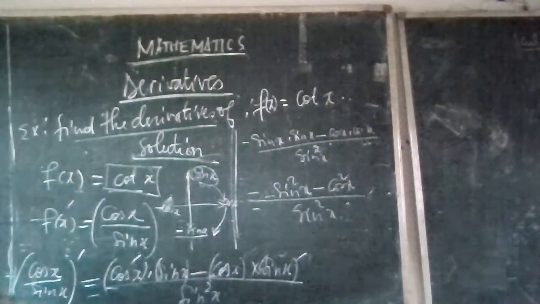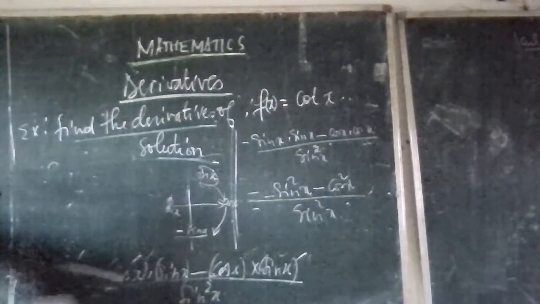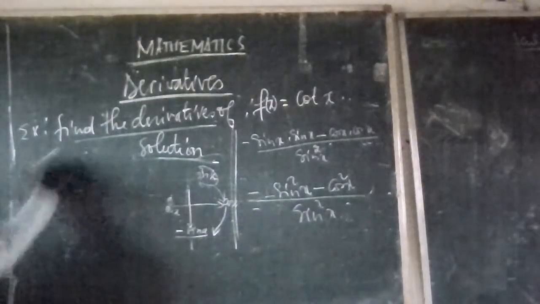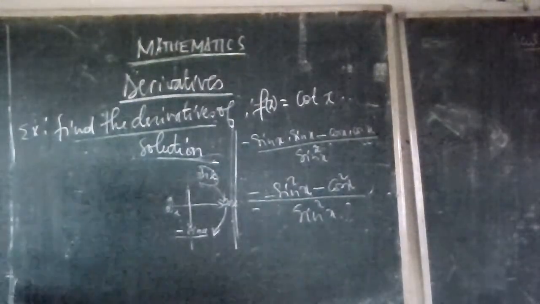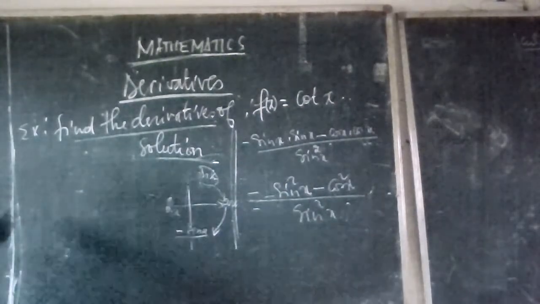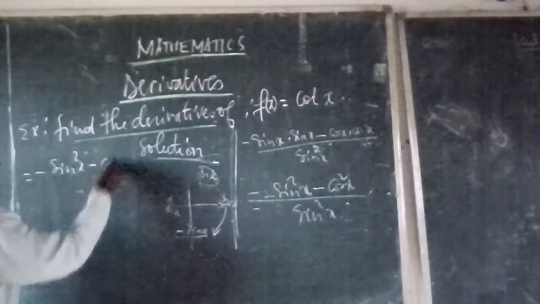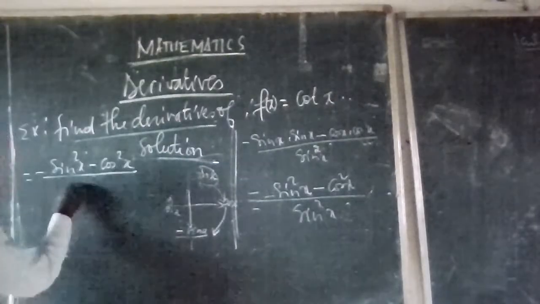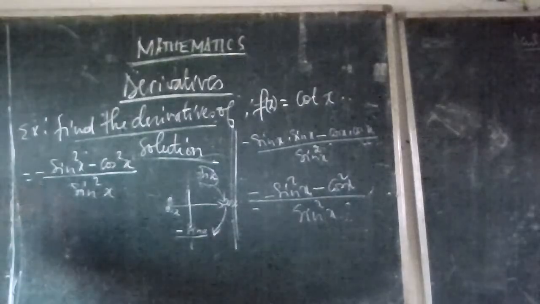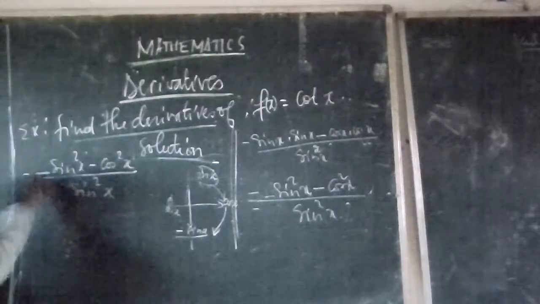Now the next step, we have minus sine square x minus cosine square x over sine square x. Now we are going to factorize. Where we have negative, we put that negative in factor form.